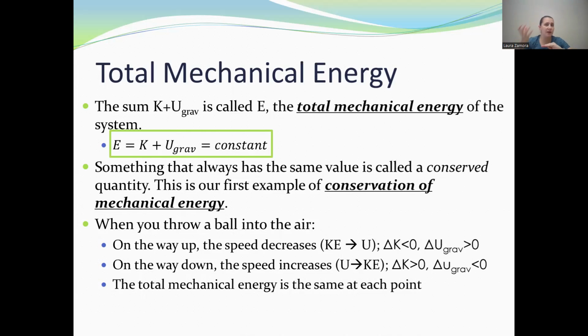But as it's falling down, it's moving faster and faster and faster. So that potential energy is now turning into kinetic energy. Again, the total amount stays the same. So the total mechanical energy is the same at each point, regardless of how much of it is kinetic or potential, because the total amount of energy is the sum of those two things together.